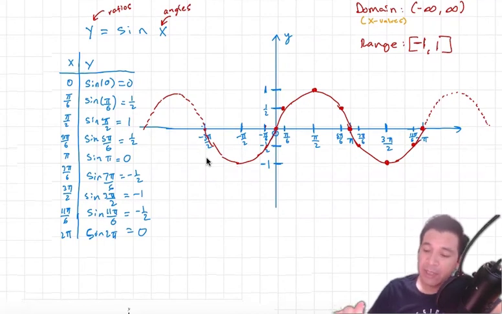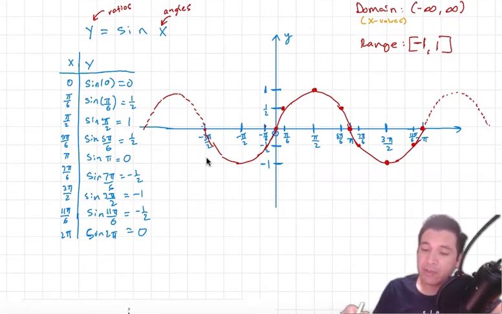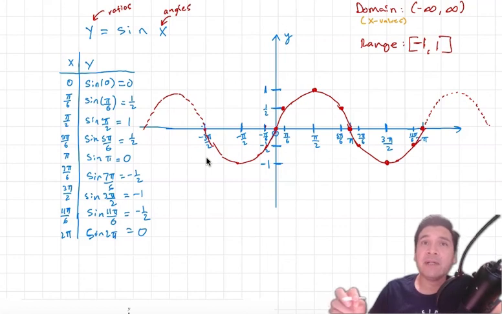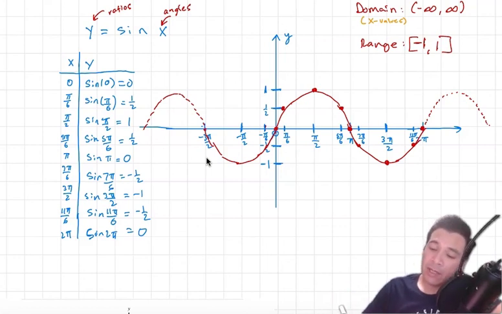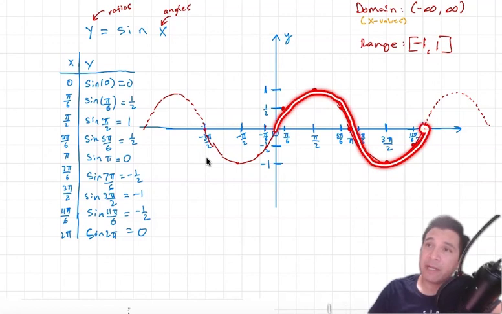Another thing that I want to point out is something called the period. The period of the graph is the length of one cycle. So how long does it take to repeat the shape of the graph, or how long is it until it starts to repeat again?